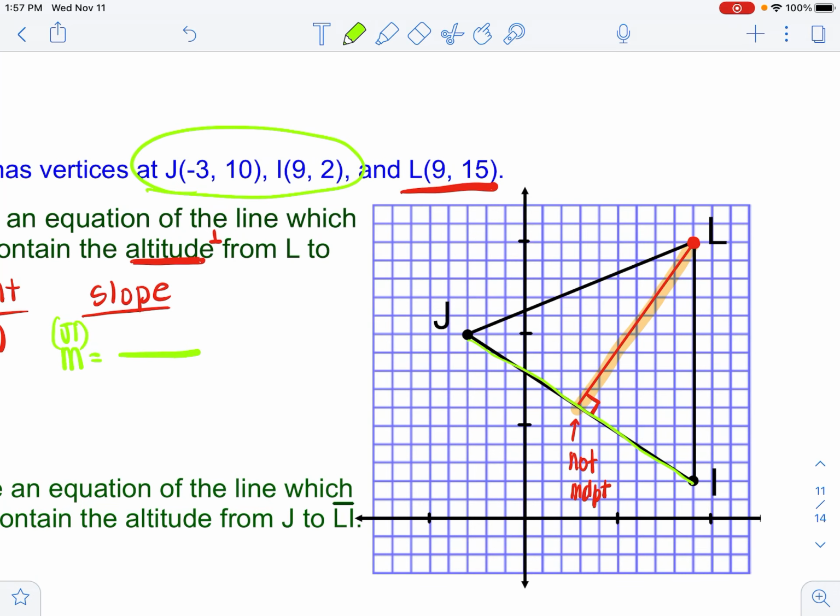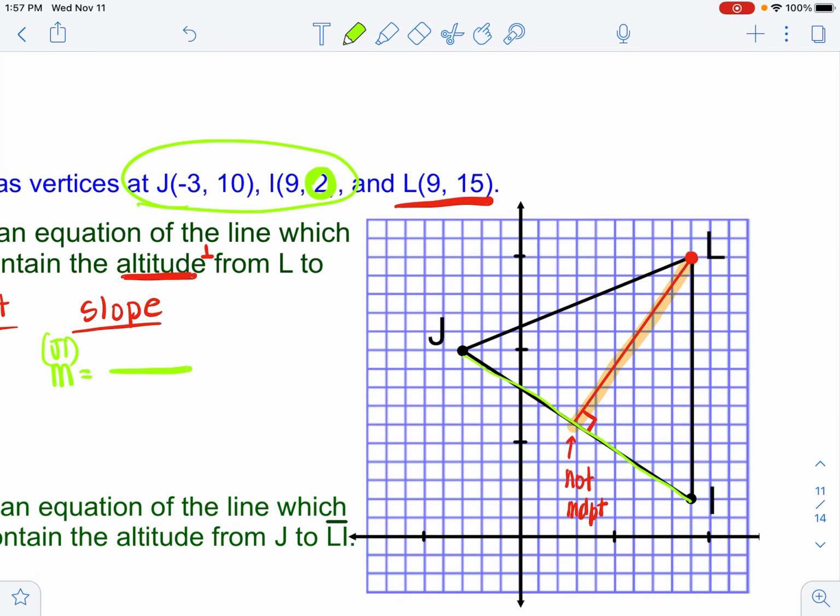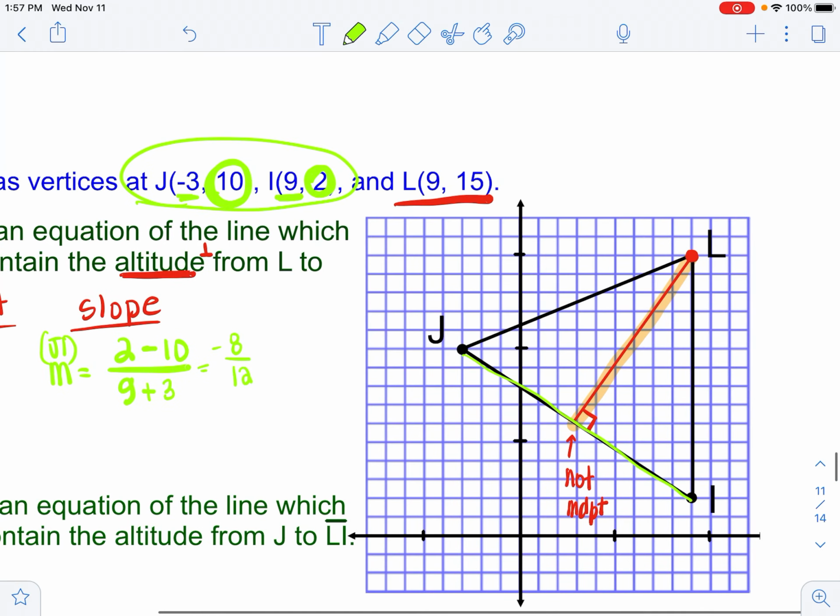So I'm going to do y2, which is 2, minus y1, which is 10, over x2, which is 9, minus x1, which is -3. So double negative turns into positive. So that is -8 over 9 plus 3, 12.